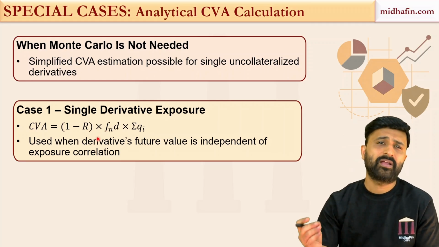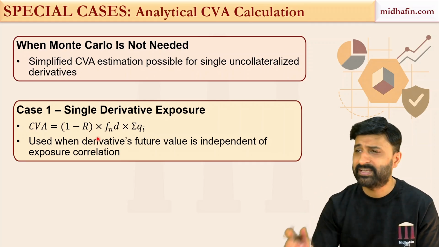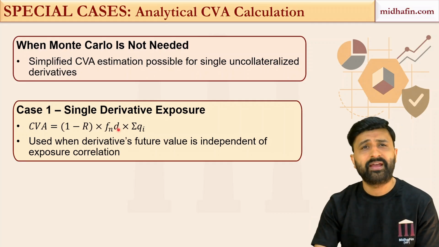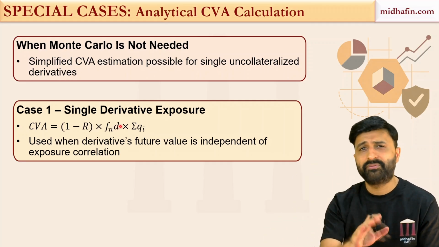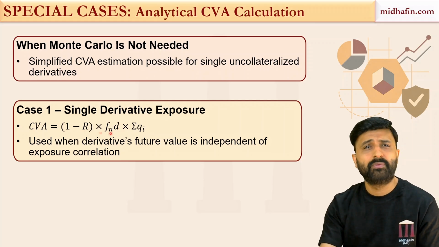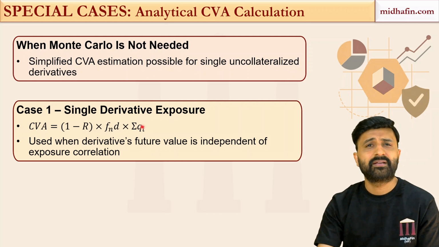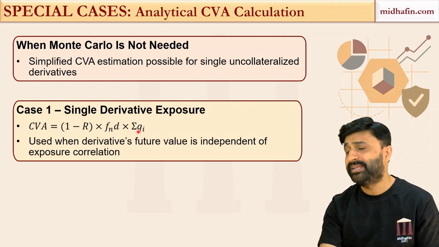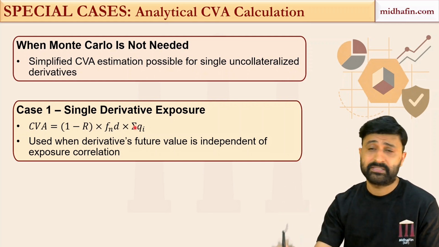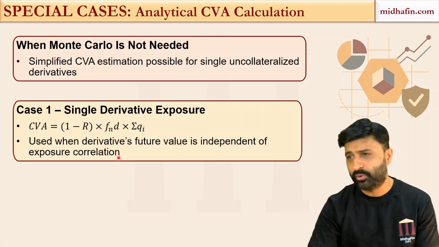If a bank holds one derivative that has a payoff at maturity only, its exposure is simply the current no default value multiplied by the probability of default adjusted for the recovery rate. This gives us a very simple formula: (1 minus R) multiplied by the no default value multiplied by the sum of all the default probabilities across time intervals. It can be used when the derivative's future value is independent of exposure correlation.